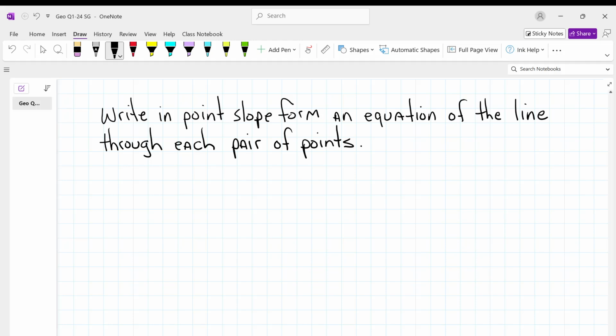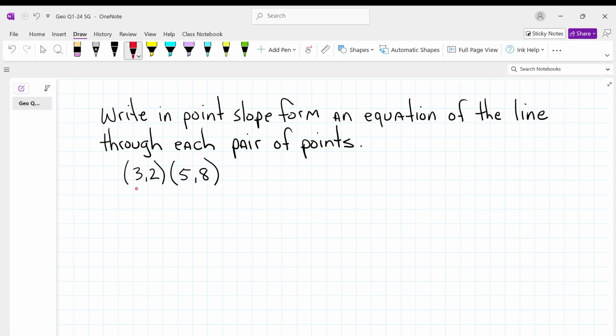Now you're just going to be given 2 points. And let's say that you're given 3, 2, and 5, 8. Well, if you need to write this equation in point-slope form, you need the slope. And when you're given 2 points, you can find the slope.